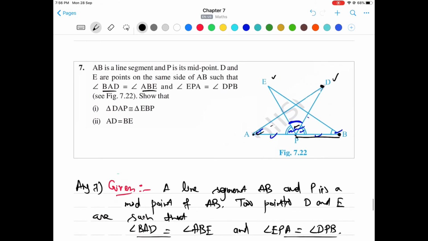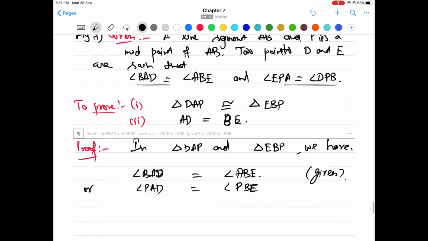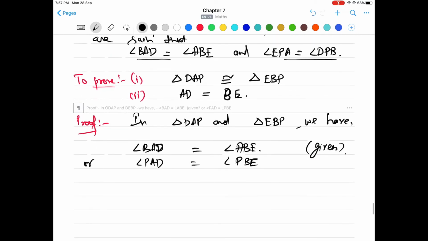So what we did here is, instead of considering the complete straight line, for this angle we are taking it from point P, PBE, and for the second angle we are taking PAD. Okay, so this is given. We have changed it as angle PAD equals angle PBE.